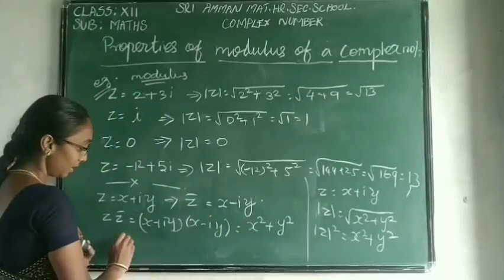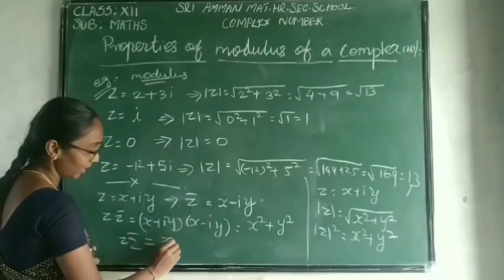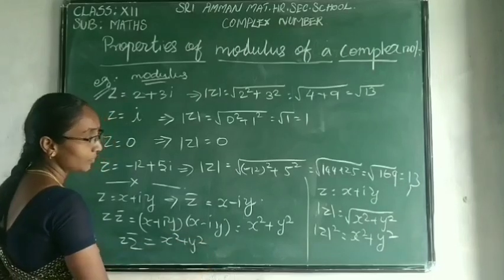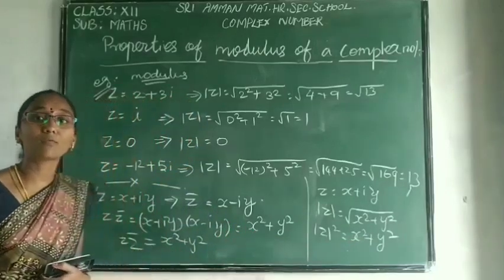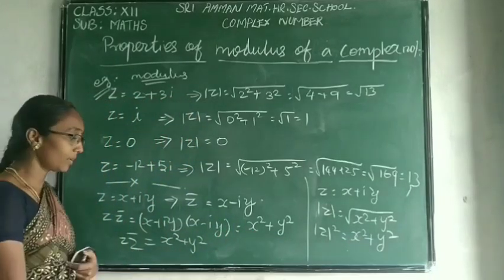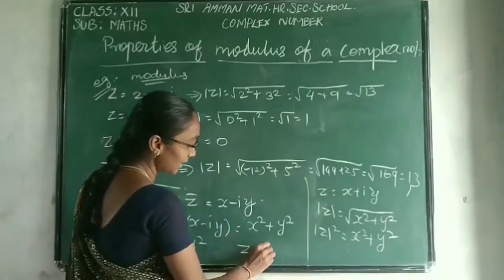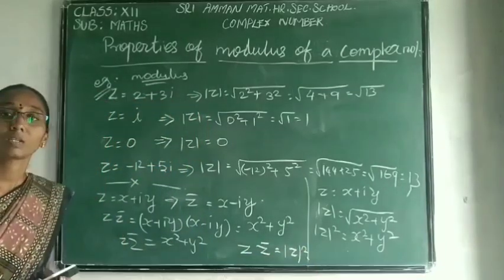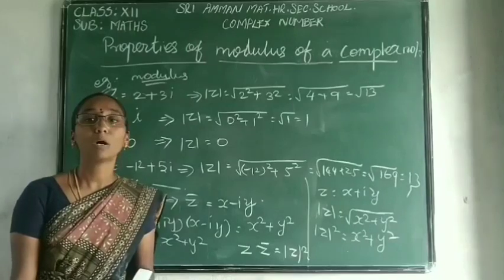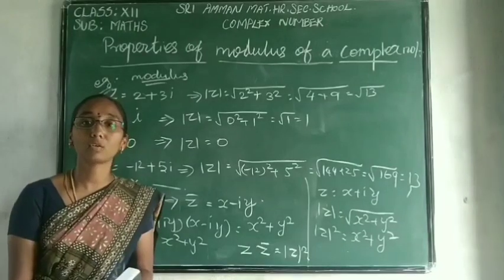Comparing these two, z z bar equals x squared plus y squared, and modulus of z squared equals x squared plus y squared. So we get the result: z z bar equals modulus of z squared.